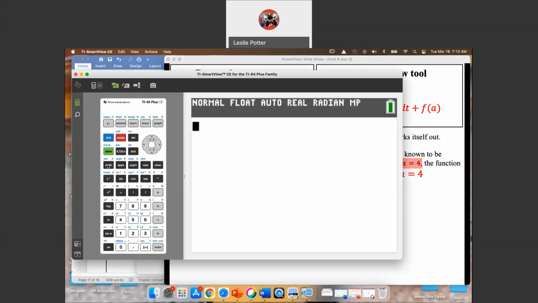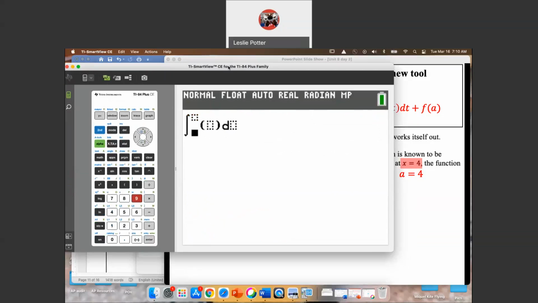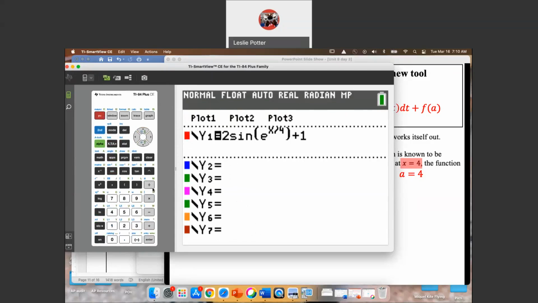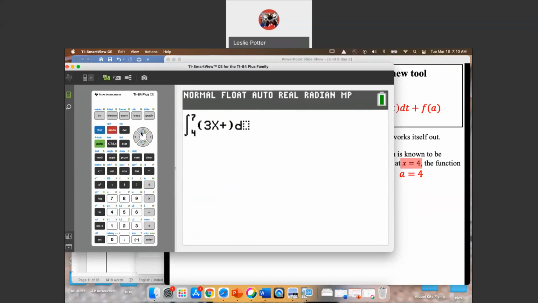But let's go ahead and do a math 9 integral from 4 to 7 of 3x plus sine of x, close those brackets, and integrate that with respect to x.